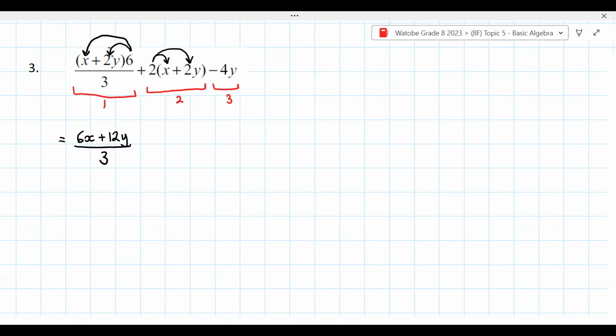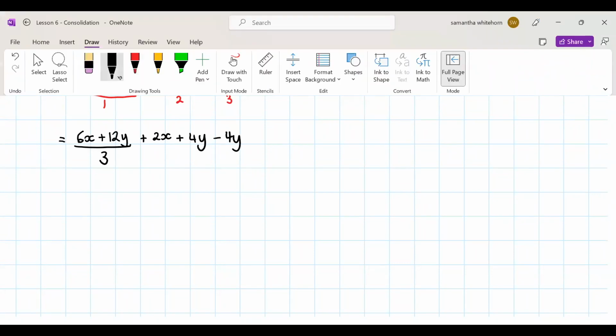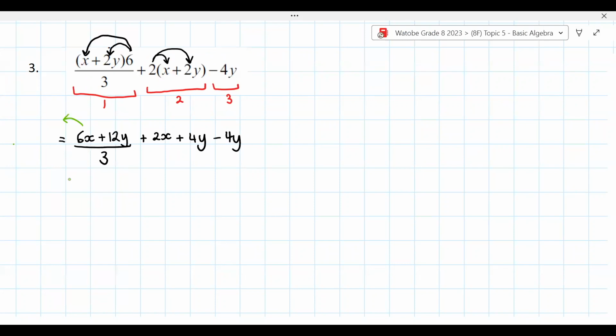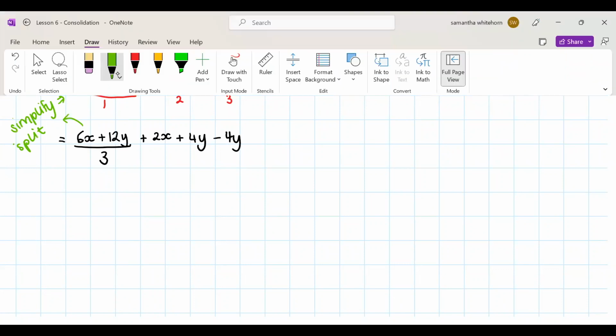When I get to my second term, again, I need to distribute. So I've got 2 times x, which is positive 2x, and 2 times 2y, which is positive 4y. And then that minus 4y at the end is just there. We'll deal with it when we start adding and subtracting our like terms. Now, guys, remember, when we've got fractions, one way to simplify these fractions is to split the fraction. That basically means to take each of the things in the numerator and separate them.